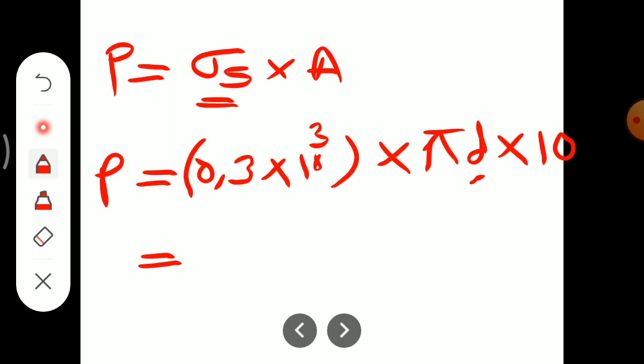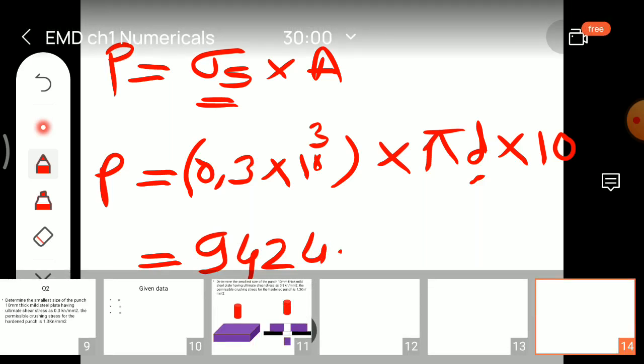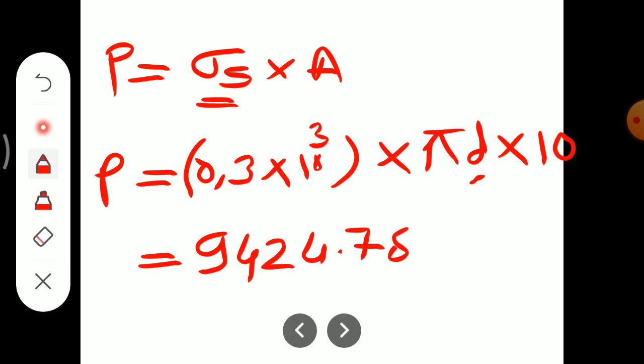We know the value of pi is equal to 3.14, and the final answer is 9424.78, and d as it is.